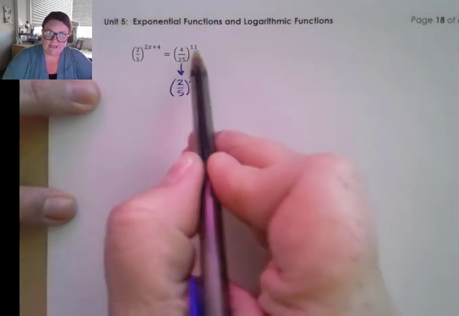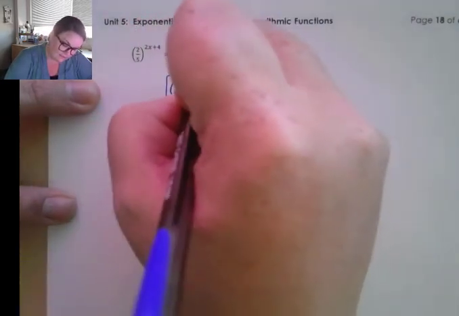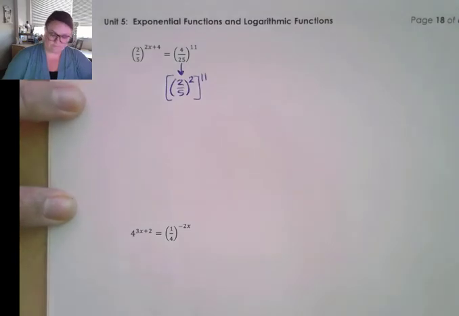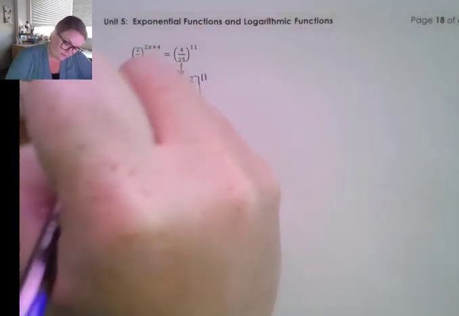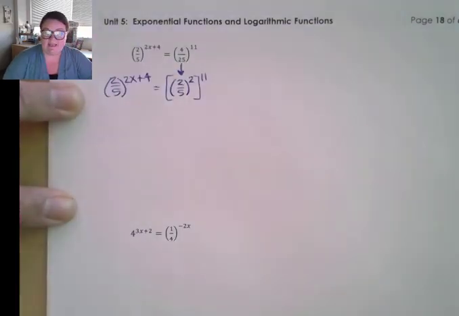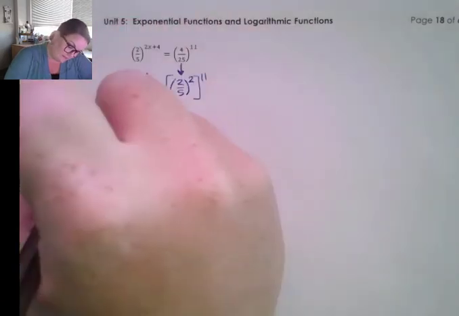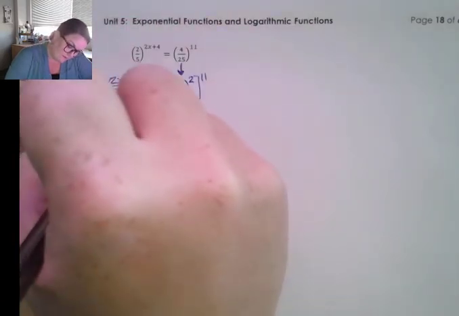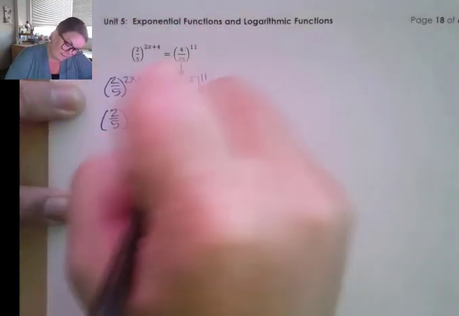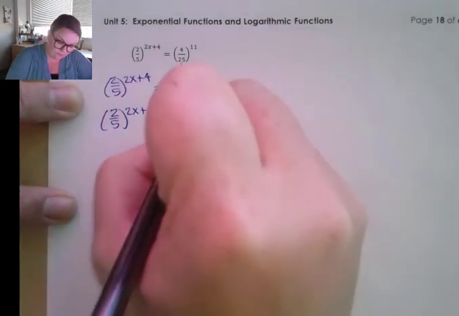But it already had a power of 11, so we have to make sure that that's still raised to the 11th power. Okay. Then on the other side, we have 2/5 to the 2x plus 4. And I can't drop my 2/5 until I simplify the exponents. So this gives me 2/5 to the 2x plus 4 is equal to 2/5 to the 22, because a power raised to a power means I multiply.